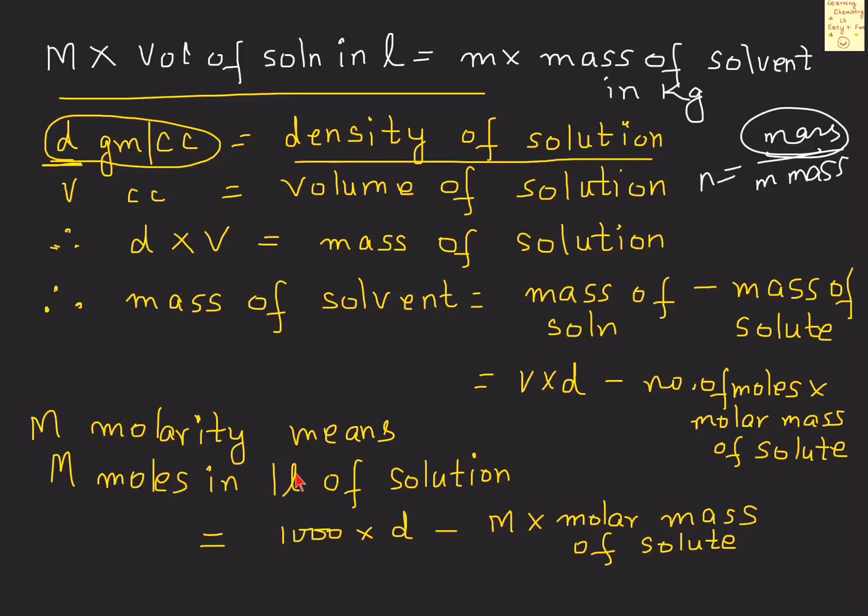So, we know the volume of the solution, that is 1 liter, but our density is given in per cc. And earlier I told you the relation between liters and cc, 1 liter is 1000 cc. So, 1000 into the density gives us the value of, yes, V into D.